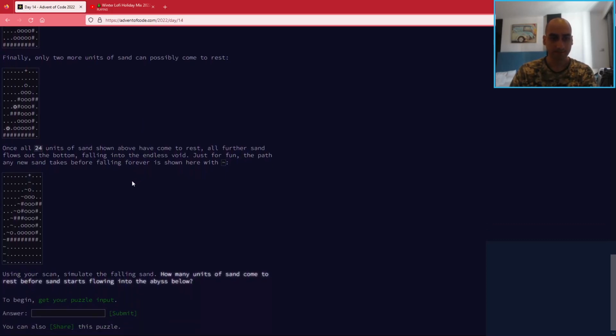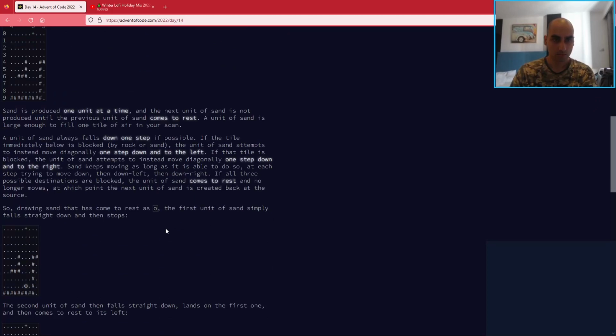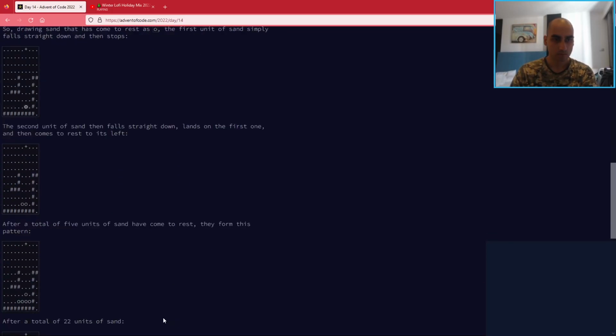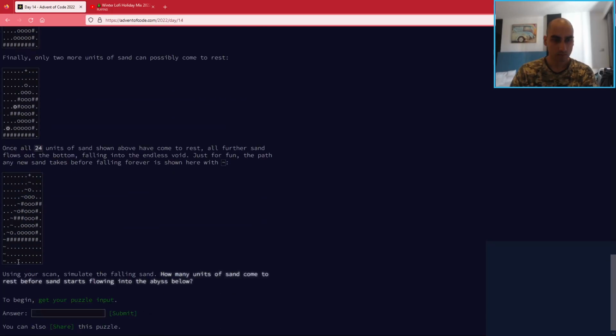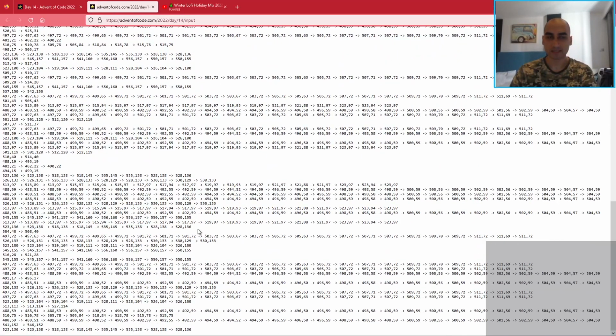Using your scan, simulate the falling sand. How many units of sand come to rest before sand starts flowing into the abyss below? The abyss below? So basically if sand reaches the bottom edge of the map. Bloody hell, okay. It doesn't look that hard.